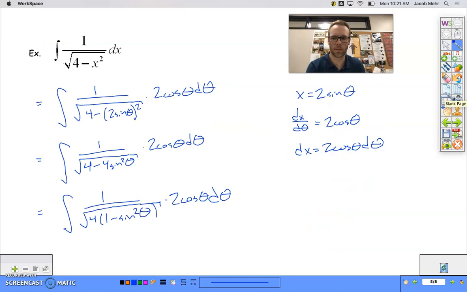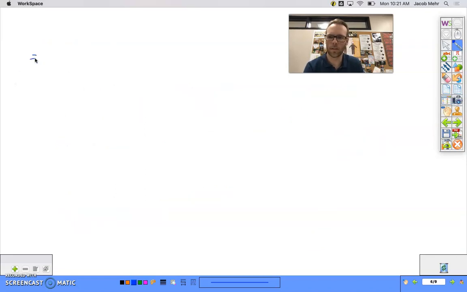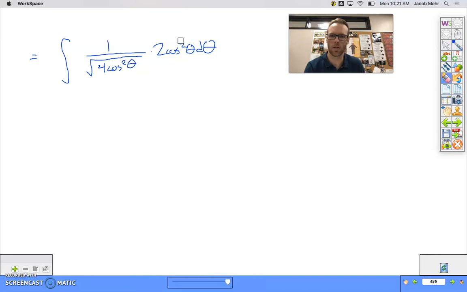So we have the integral of 1 over the square root of 4 cosine squared. Then remember, we have up here a 2 cosine of theta, not cosine squared, just 2 cosine. There we go. All right.